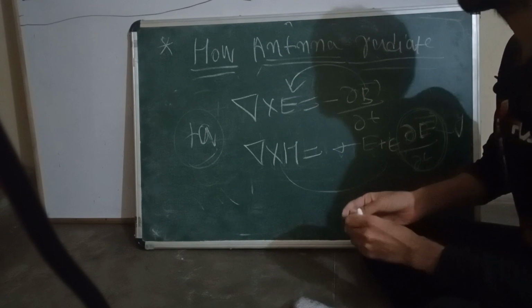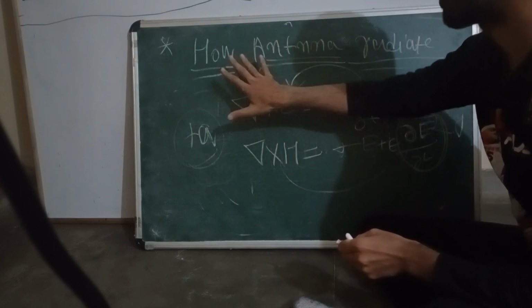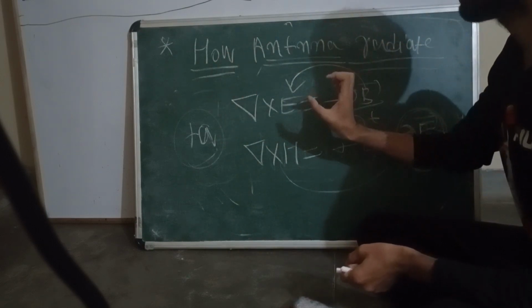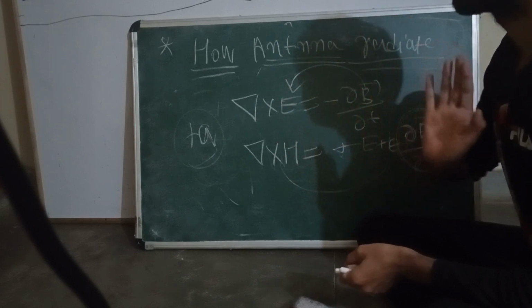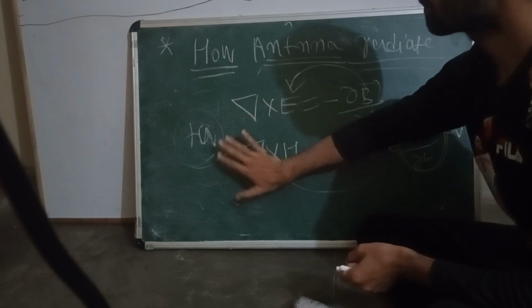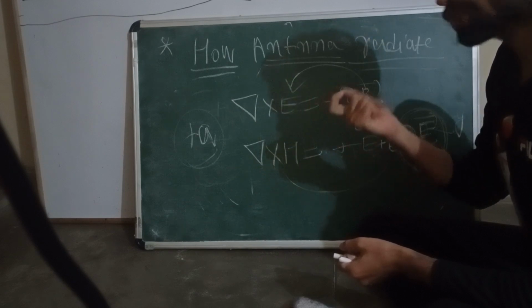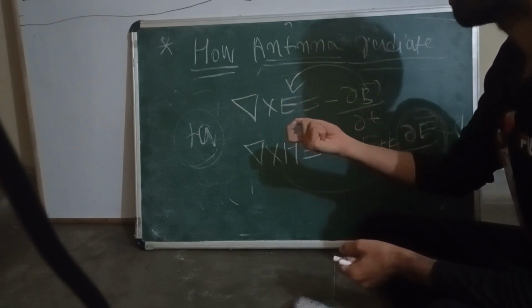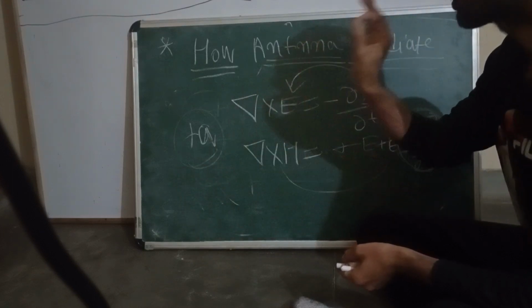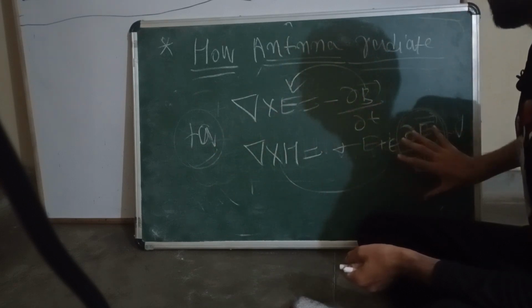So the main concept I am discussing is the origin of radiation of an antenna. Before knowing how the antenna radiates, we should first know about the behavior of charge. Whether the charge is stationary, moving with constant velocity, or moving with different velocity, the oscillation brings a change in magnetic field and electric field.